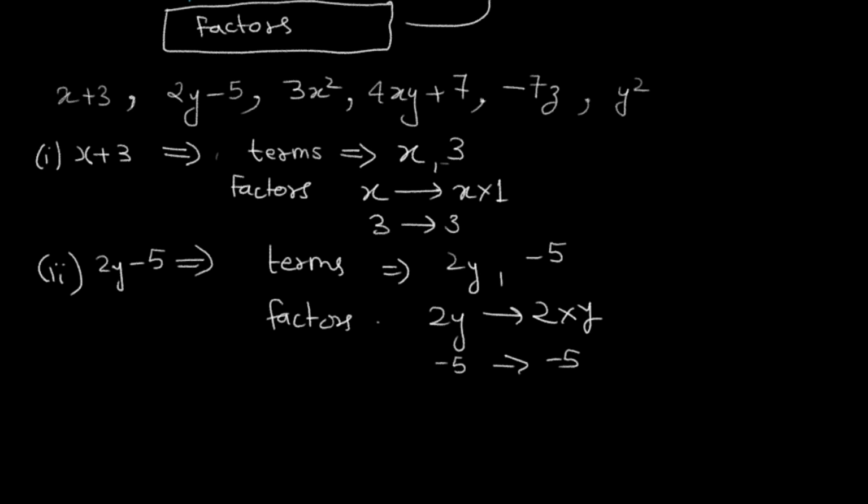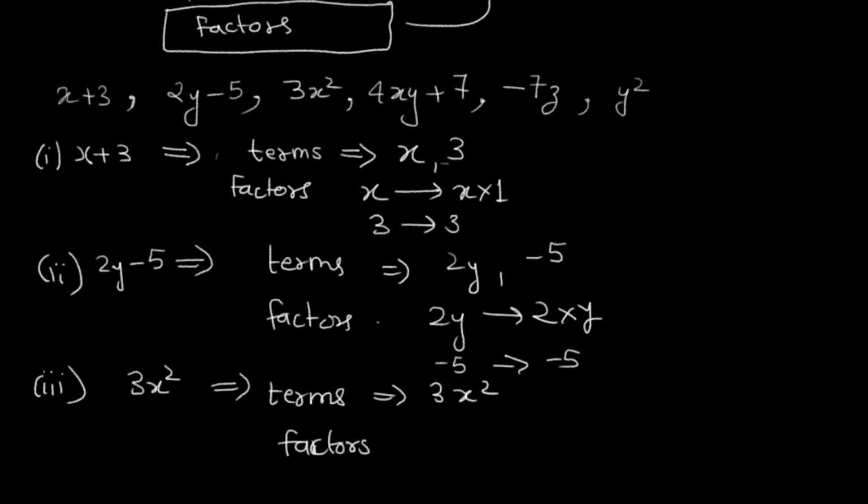Let's take the third example, 3x square. Here the only term is 3x square, there is only one term in this expression. Factors of this term: 3x square can be written as 3 into x into x.